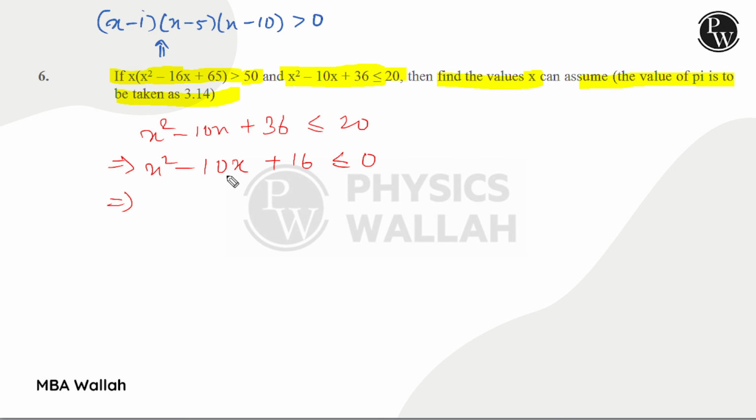Now this again is a quadratic that can be very easily factorized. We need just two numbers, the product of which is 16 and the sum of which is 10, and those two numbers can be x minus 2 and x minus 8. Hope that makes sense. Less than equal to 0.